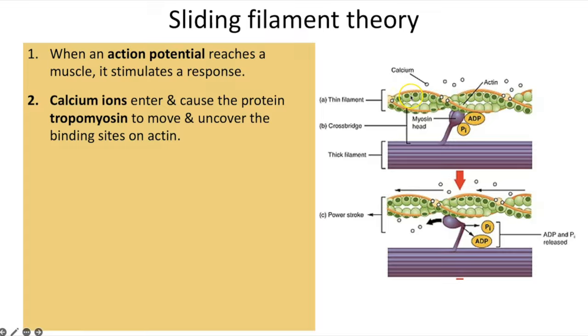And that position that it moves to results in the actin exposing the myosin binding sites. So that thin filament actin has binding sites on it that myosin heads, which are these structures branching off the myosin, can bind to.